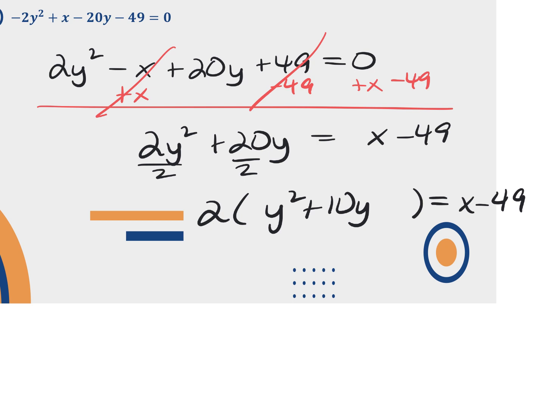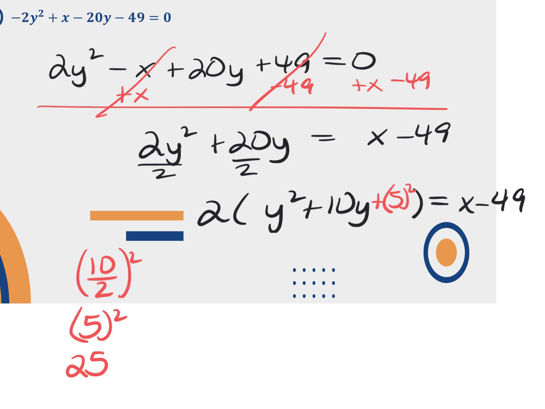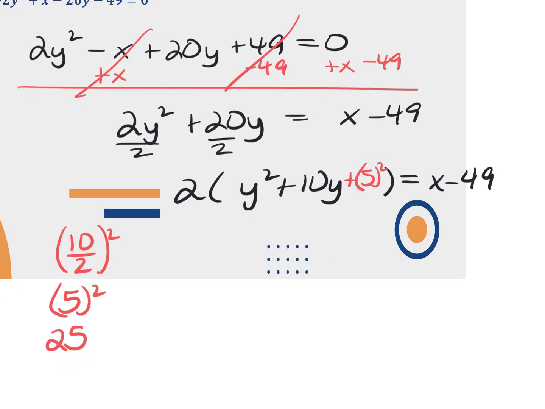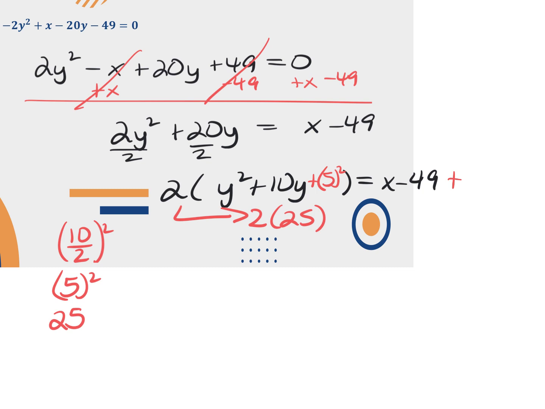So now I take the 10, which is my b term, divide it by 2 and square it, becomes 5. 5 squared is 25. In here, I'm going to put the 5 squared. Now over here, you should be adding 25, but remember, you pulled that GCF out, so you have to multiply 2 times 25, and you're adding 50.